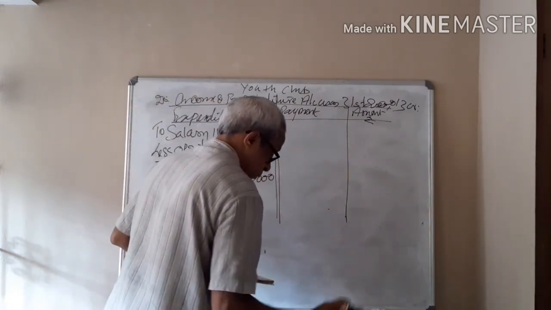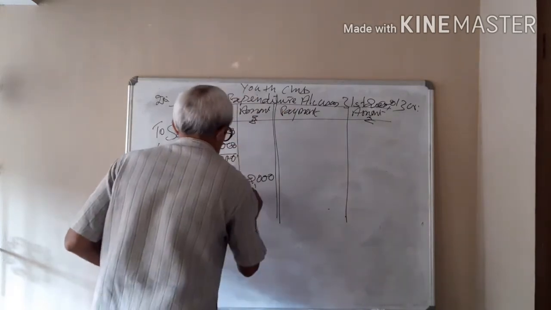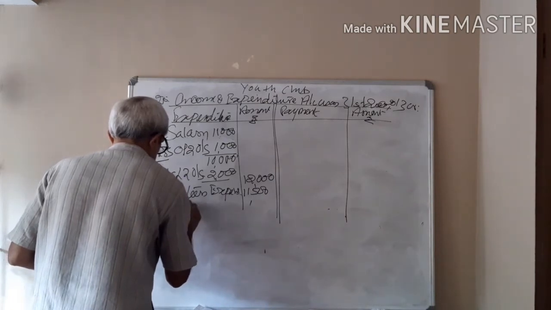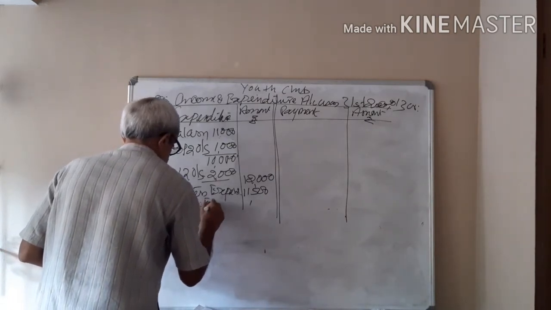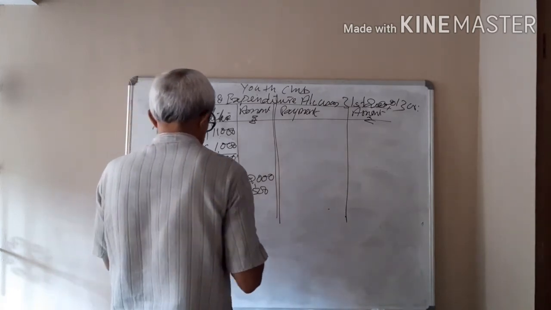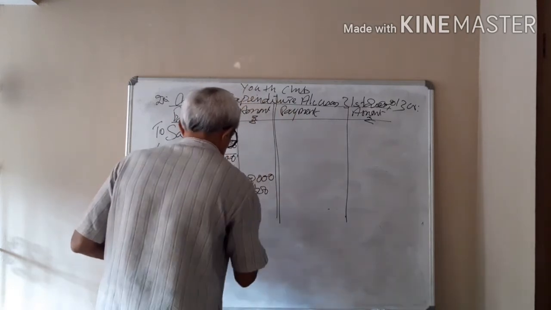So these canteen expenses, from the working note we can find out 11,500. And the next is miscellaneous expenditure. There is no adjustment with regard to miscellaneous expenditure. That miscellaneous expenditure amount is 2,500.